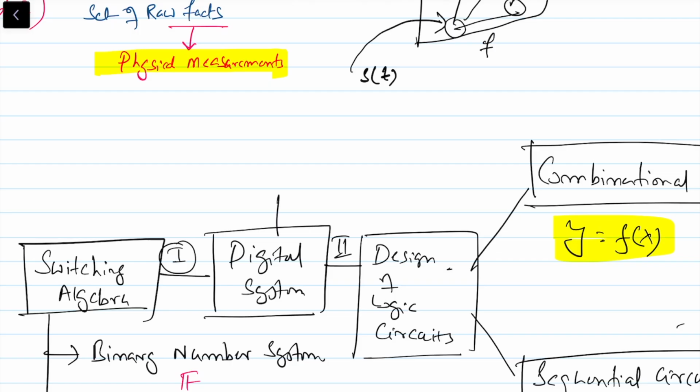The final part before we finish is the section that talks about physical measurements, where all these ones and zeros come from, and how these logic gates are physically realized. This is where we see how these logic gates, which are the foundation for this subject, digital systems, are actually a combination of various kinds of transistors.